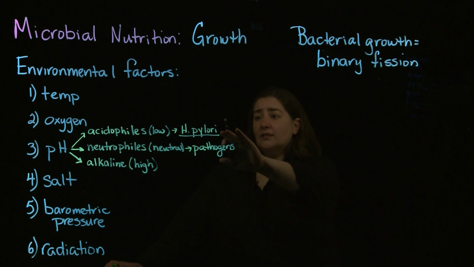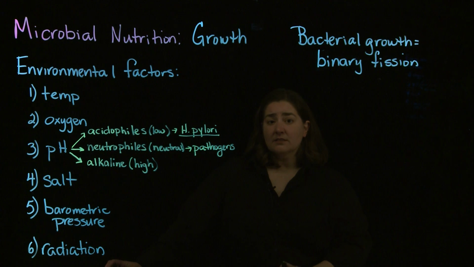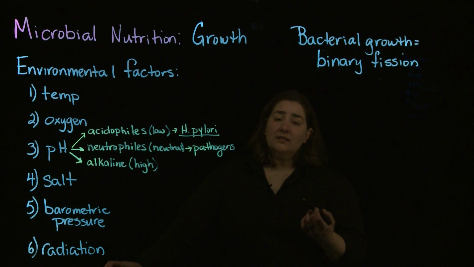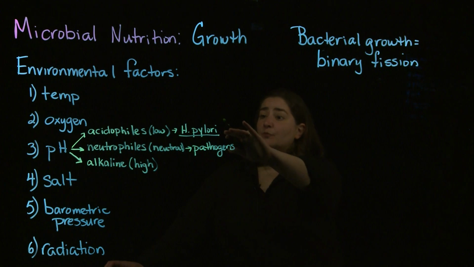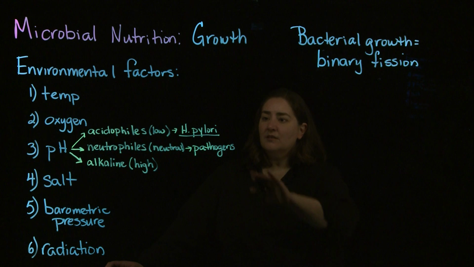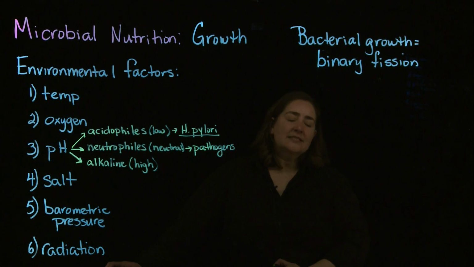Helicobacter pylori is the bacteria that causes stomach and small intestine ulcers. It's a bacteria, it's a spirochete, and it grows best at very low pH. And the pH of your stomach is about a pH of 2, which is a very low pH. That's why those bacteria can survive there, okay? So that is one example of an acidophile that is a pathogen, all right?